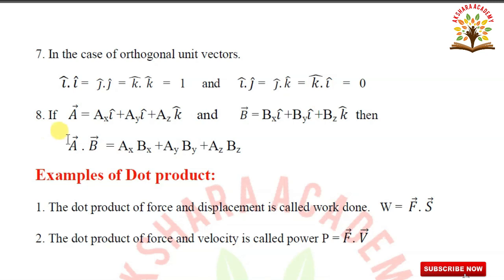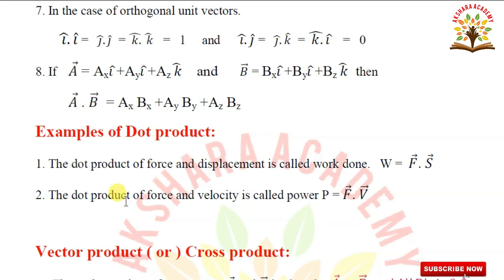Eighth one, if a bar is equal to ax i bar plus ay j bar plus az k bar, and b bar is equal to bx i bar plus by j bar plus bz k bar, then a bar dot b bar is equal to ax bx plus ay by plus az bz.